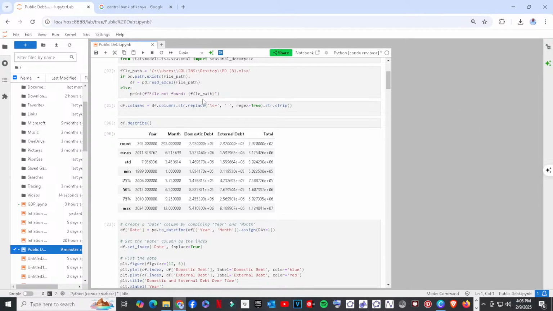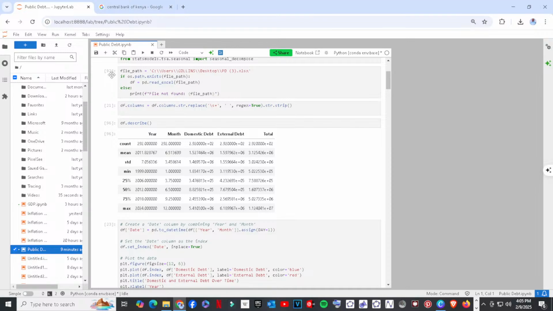So today, as indicated, I want us to look at an analysis of Kenya's public debt.